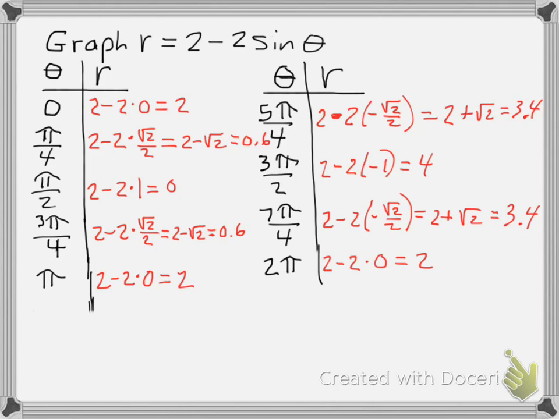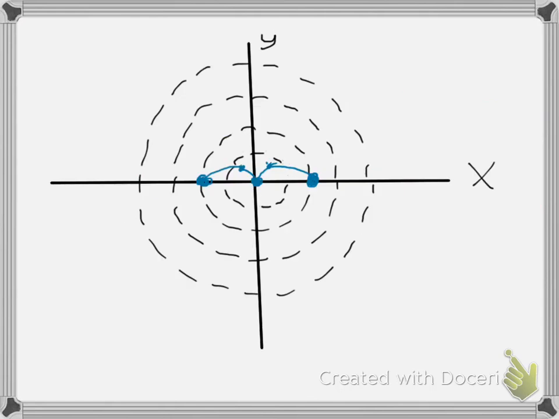Now we'll pick up 5 pi over 4, which would be 225 degrees. And we calculated r would be about 3.4. So let me graph that one. So at 225 degrees, or 5 pi over 4 radians, which would put us in the third quadrant, I'm out about 3.4. So right about here with that dot.